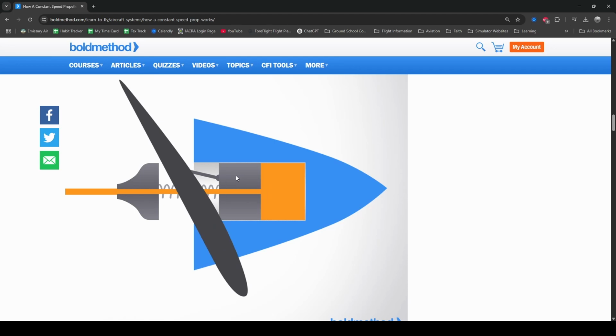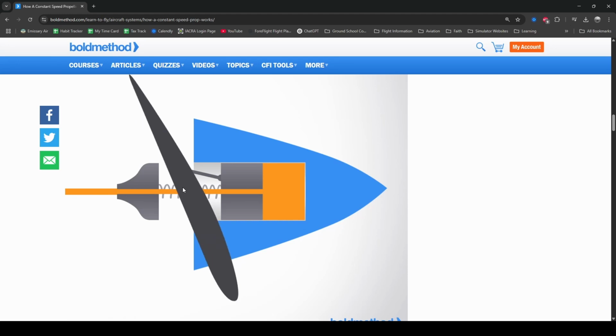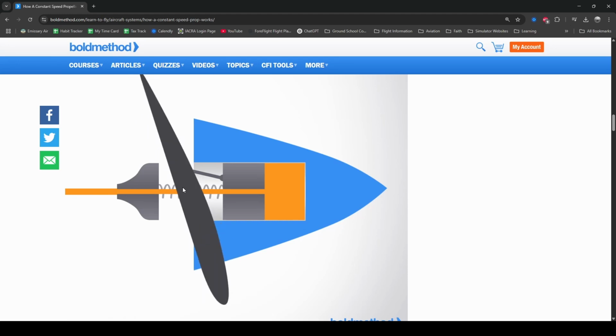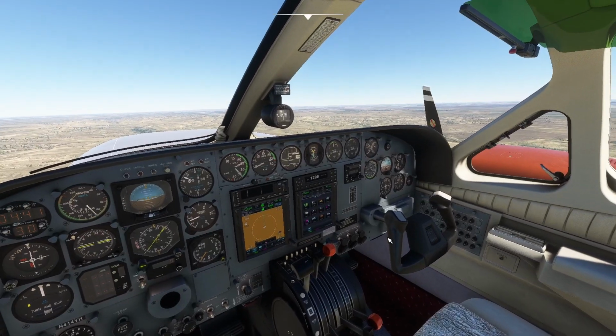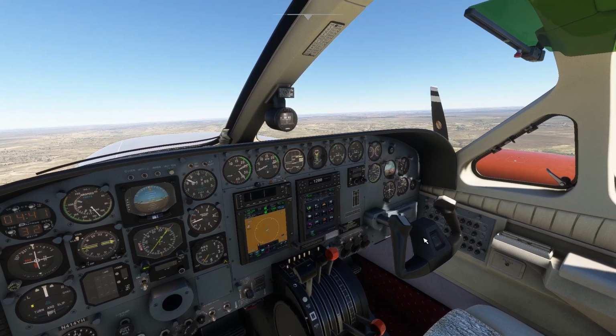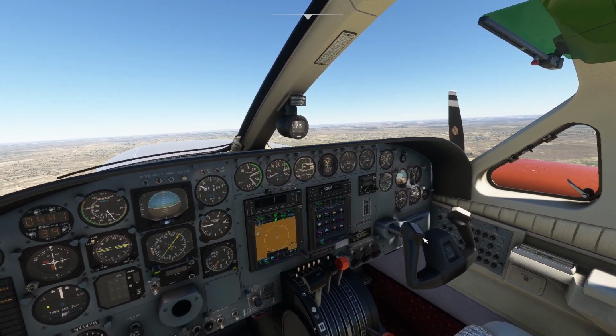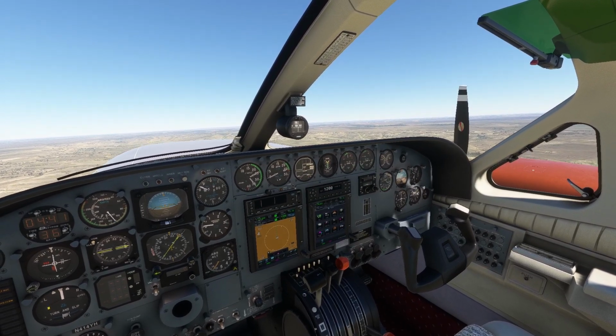Some aircraft reverse this design so that in case of an engine failure, the propeller fails to a high pitch setting. There's a term that you've probably heard called a feather. The blade angle is increased so much so that the windmilling propeller slows to a stop in flight. This decreases drag.